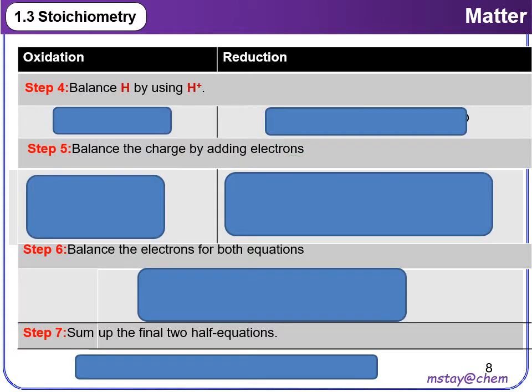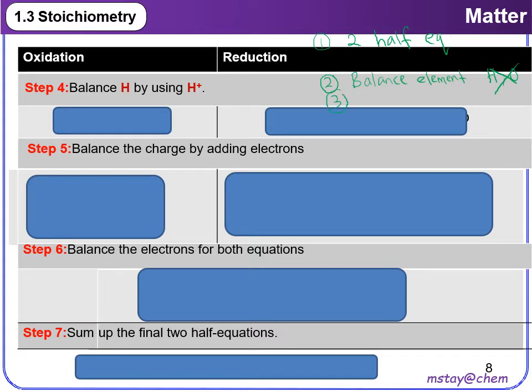Before we continue to step number 4, let's recall step 1 up to step 3 first. Step number 1, we always separate into two half equations. Step number 2, we balance elements except hydrogen and oxygen.